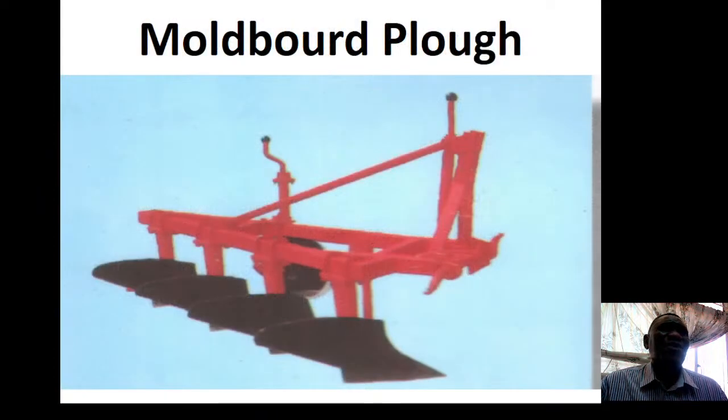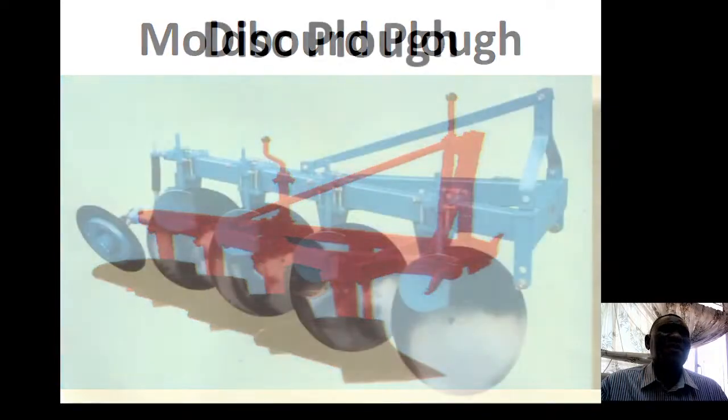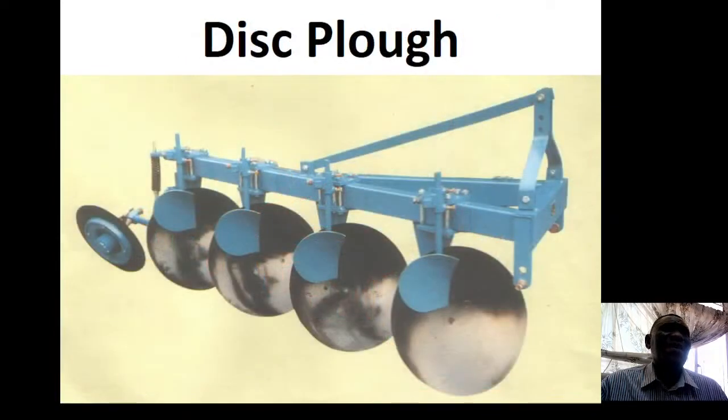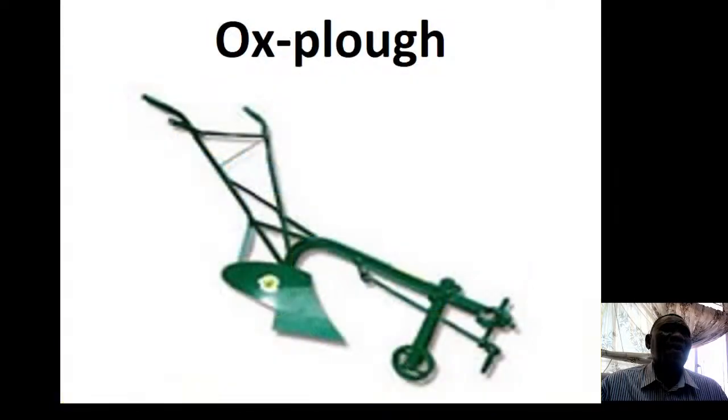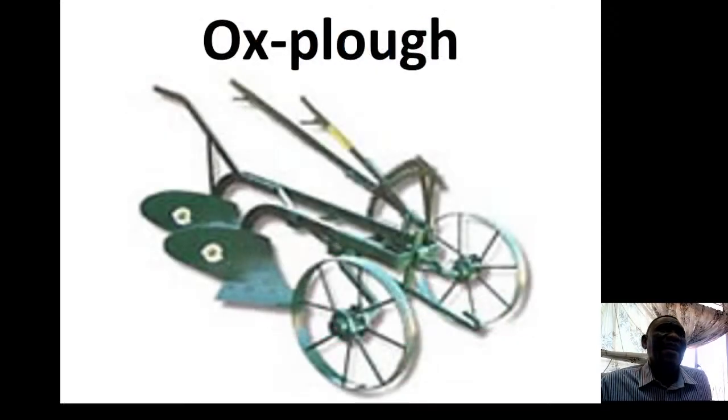This is the moldboard plow, which can be used to remove weeds. Disc plow, ox plow, which is common with farmers. This kind of ox plow is rare, but it's also available.